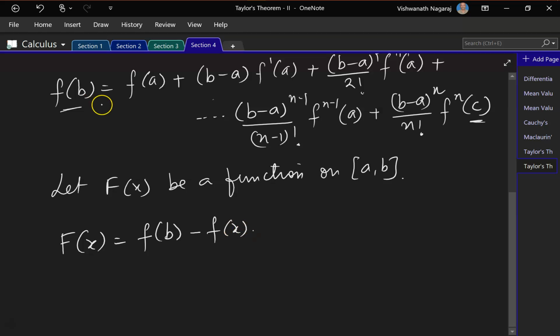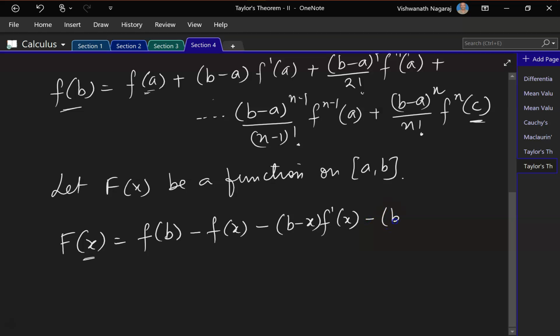Why? Because in here it is f of a, but here we are talking in terms of x, plus b minus x f prime of x, not plus, minus. All the terms will become minus.